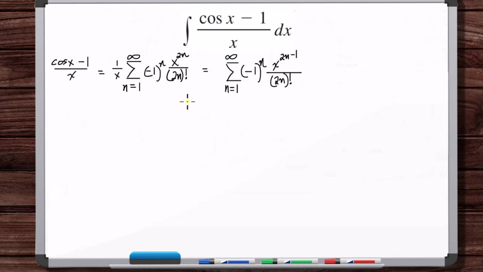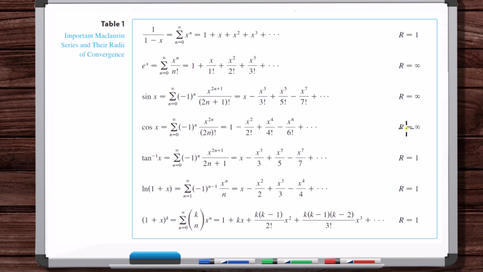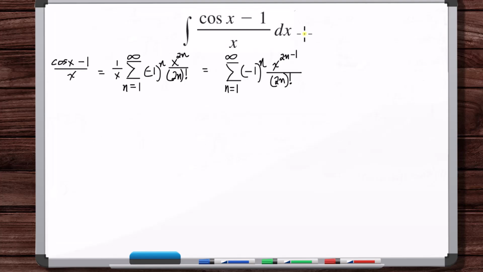Okay, now the radius of convergence, let's go ahead and get that. So, okay, since we multiplied, we could usually just go reference like cosine of x, which should be infinity. Yeah, it's infinity, but since we did all this stuff here, subtract 1 divided by x, I want to check again.